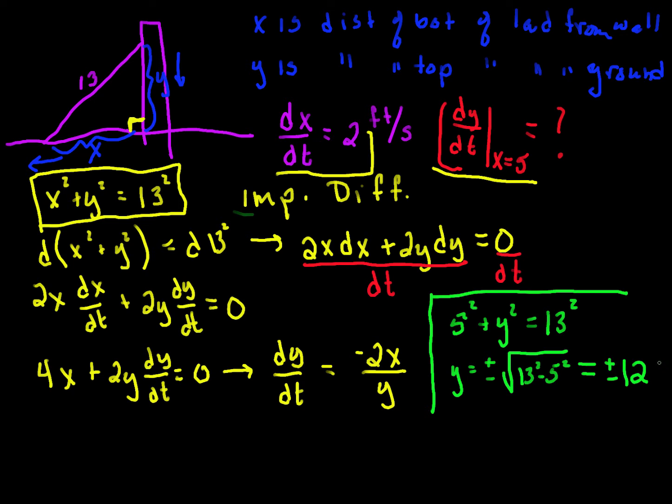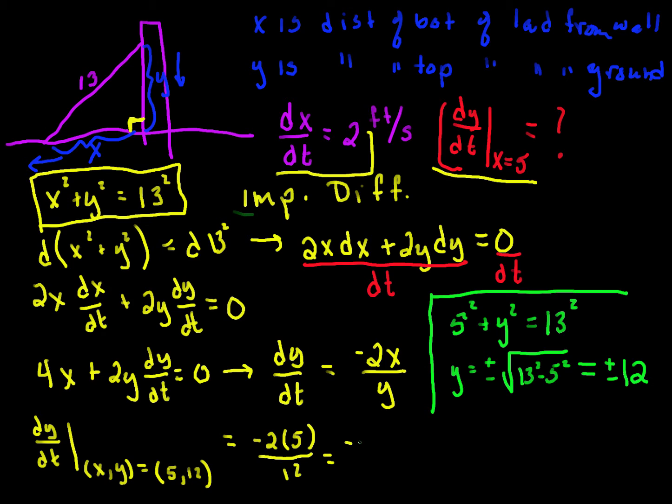So using that information, finally solving the problem, we get dy/dt when the point (x, y) is equal to (5, 12), and that's equal to negative 2 times 5 divided by 12, which is negative 10/12, or simplifies into negative 5/6.